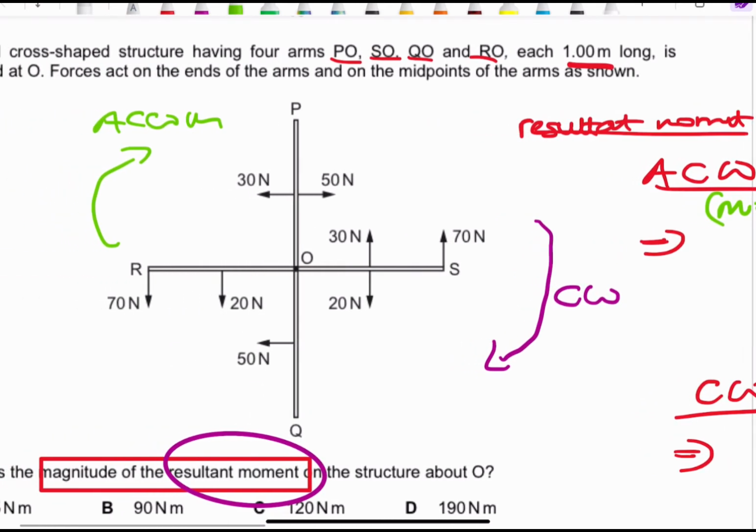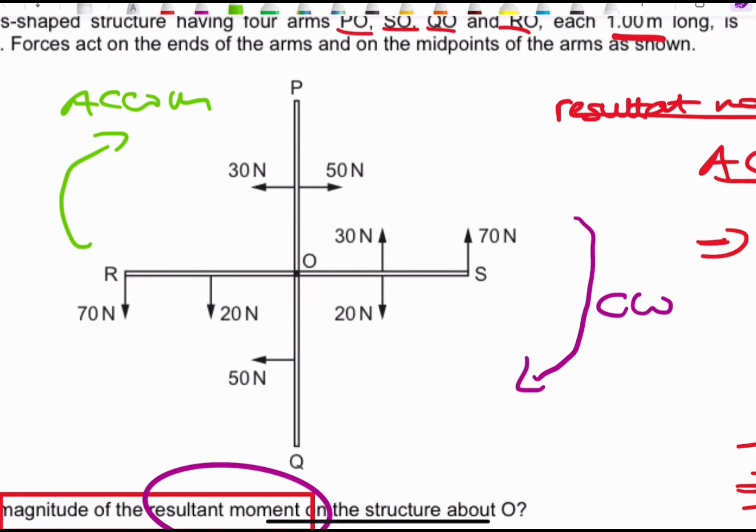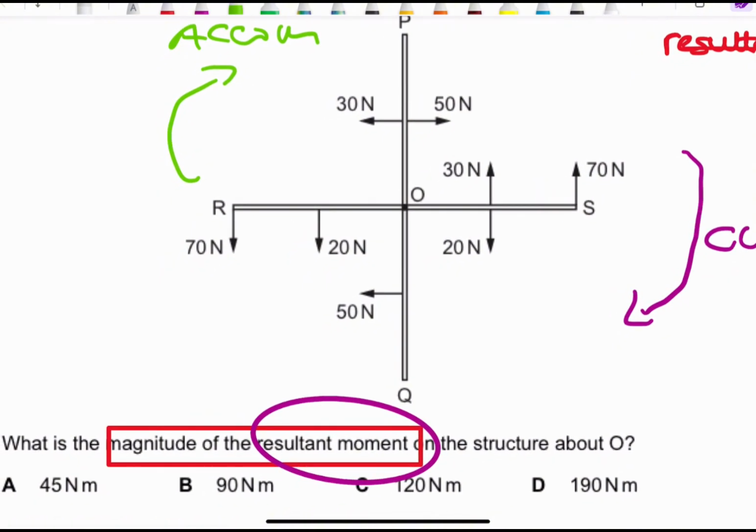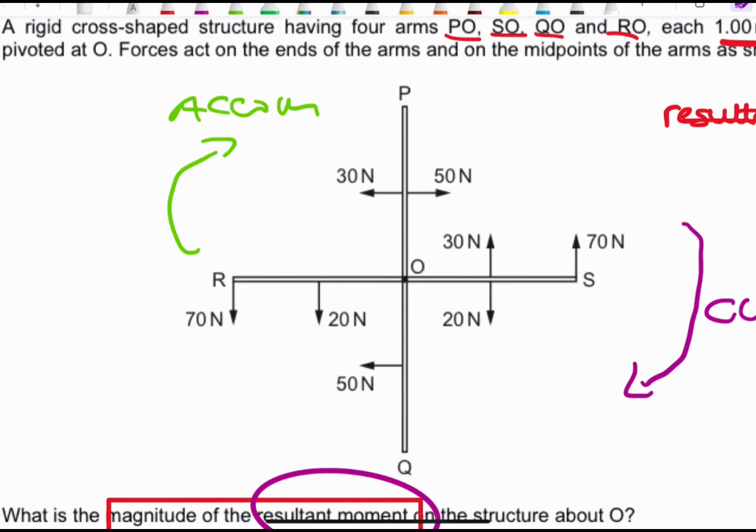So let's start with the anti-clockwise moments first, moving in that direction. So that's anti-clockwise and that's clockwise. If it's anti-clockwise, you're moving in the opposite direction.